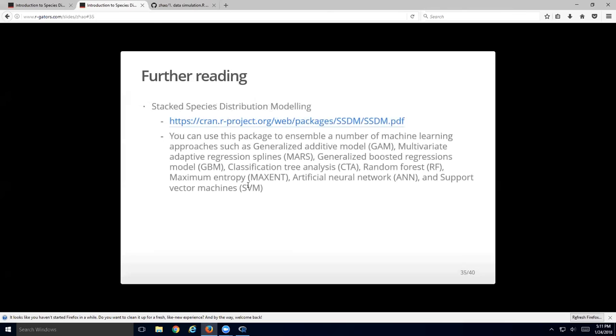So by using this package, you will get relationship response curves for all these approaches, and also average them to give you more confidence about your results. Because one model can be wrong, right? But if you use all of them, I don't know how many are there, and most of them agree with each other, that will give you more confidence.